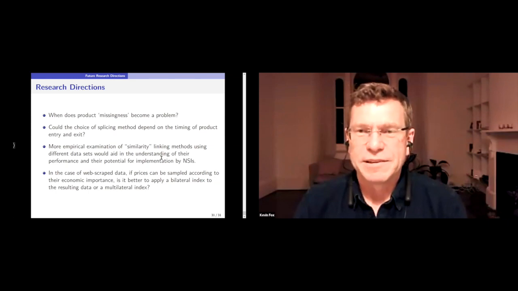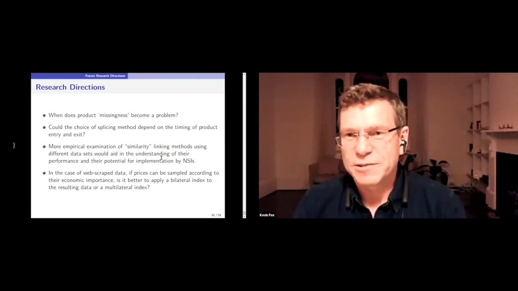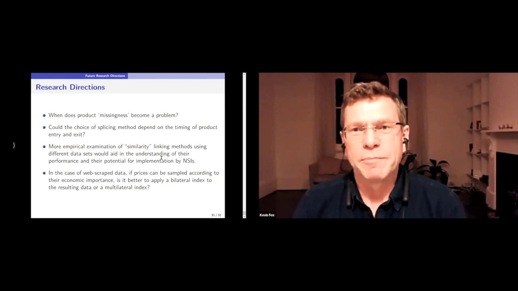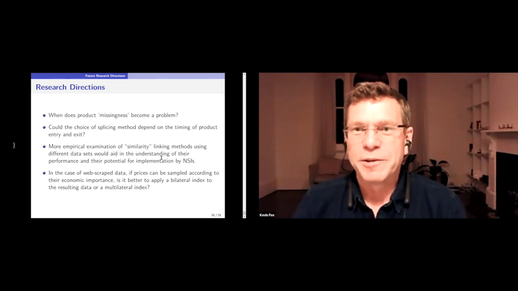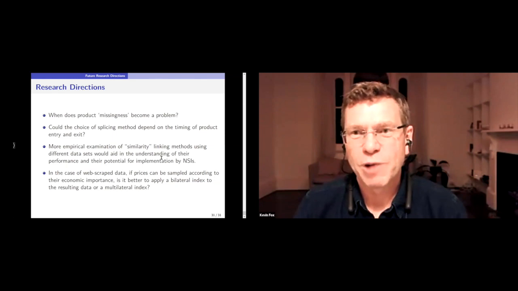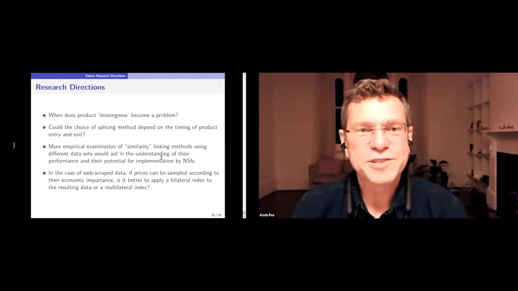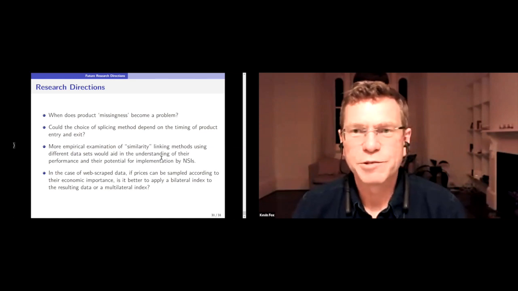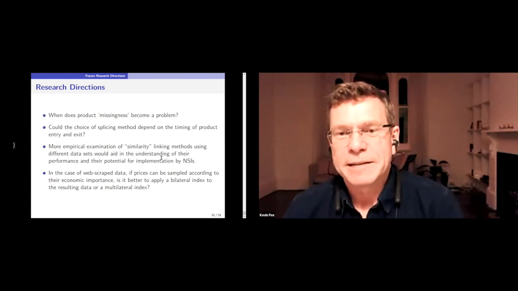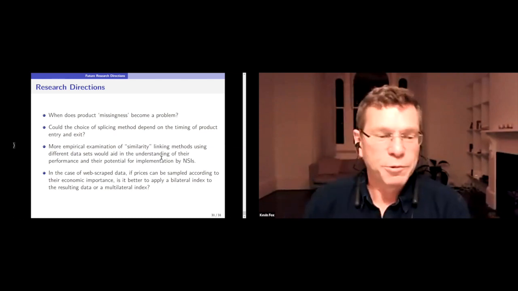This is covered a bit in Dewitt and Fox 2020 in the Journal of Business and Economic Statistics. But Irwin Dewitt has done other approaches than we consider there, including predicted share similarity linking methods, which seem quite promising, but I think more work is needed on those methods to really understand their behavior in different contexts. And there's a lot more work to be done on web scrape data. So I will wrap it up there.